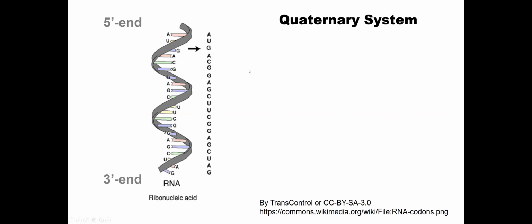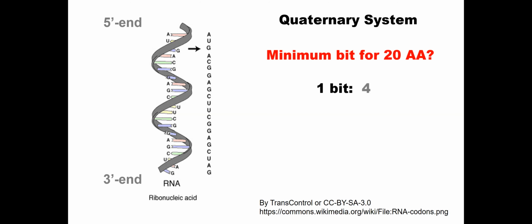It has direction because of its chemical structure, defined from one end to the other end. Maybe we could assign randomly, but anyway, later we found that the information flow is from 5' to 3' direction. Then to encode 20 different amino acids, you may think, how many bits do we need to use from the DNA or RNA system?